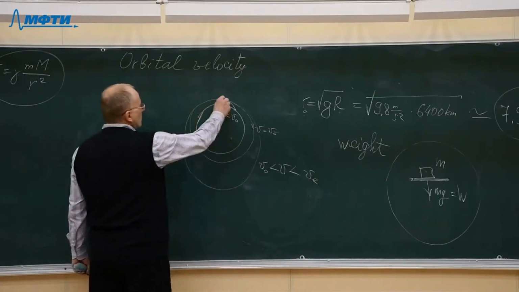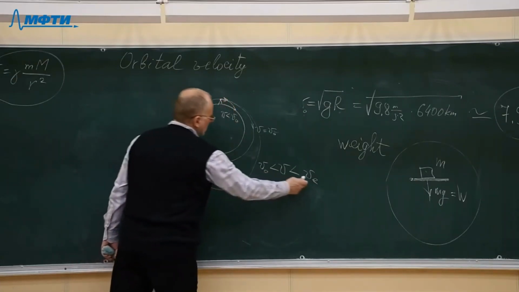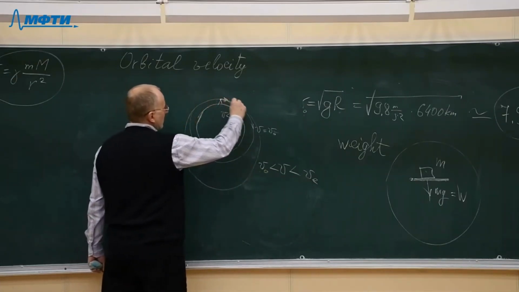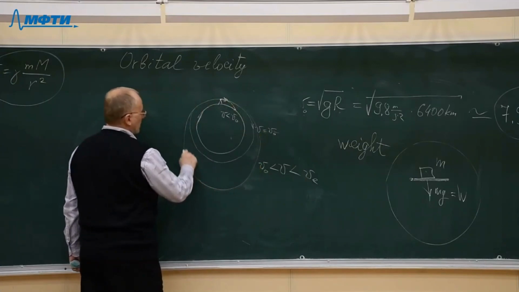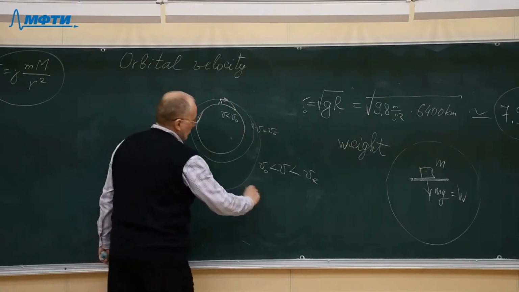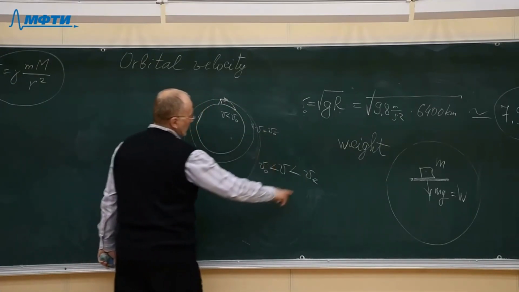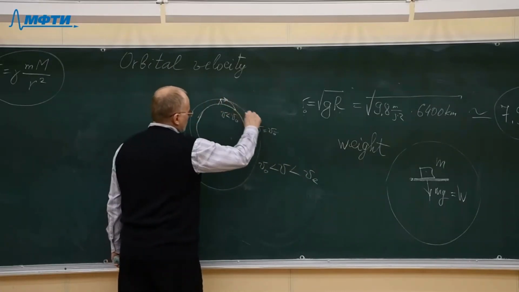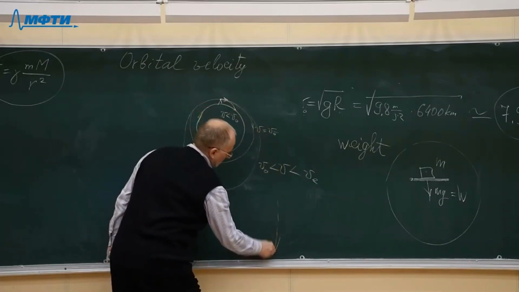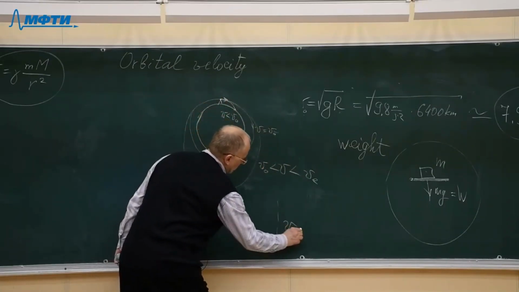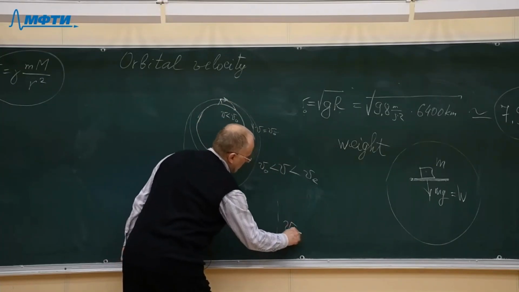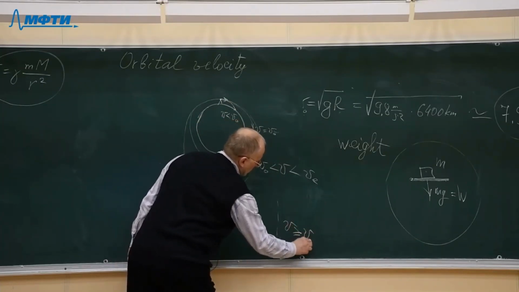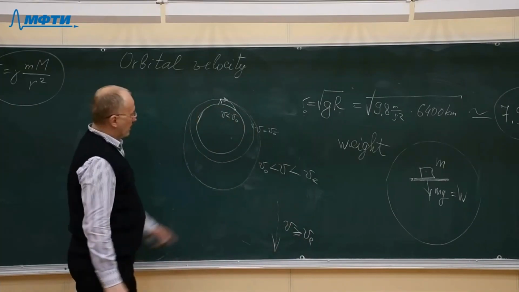If the initial velocity is between 8 and 11 kilometers per second, then the trajectory will be elliptical. But if the velocity is larger than the escape velocity, then the body will go to infinity. If its initial velocity is larger or equal to escape velocity, then it will go to infinity.